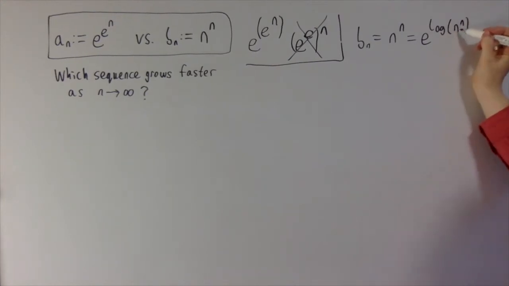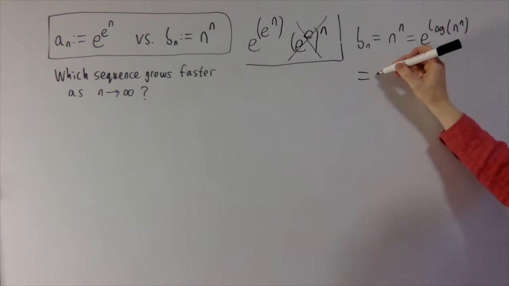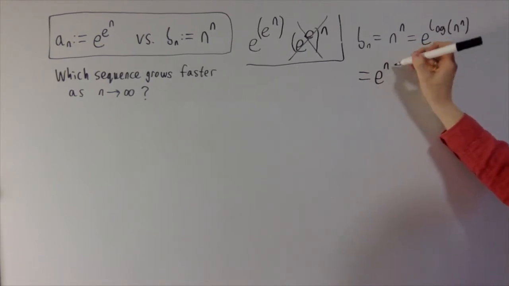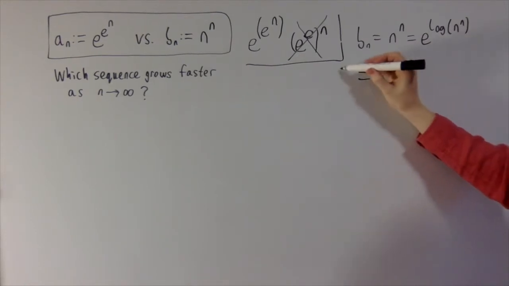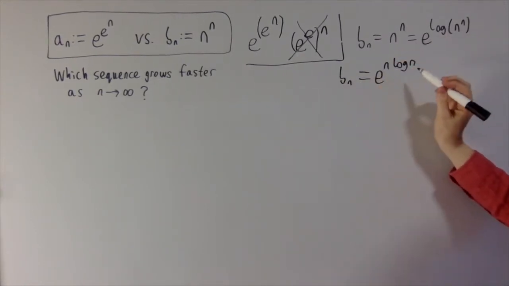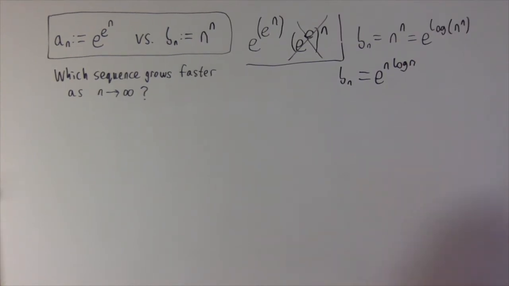And then using the laws of logarithms, you can take the power outside. So this is equal to e to the power of n log n. So b_n is this. And then we're trying to compare this to a_n, which is e to the power of e to the power of n.